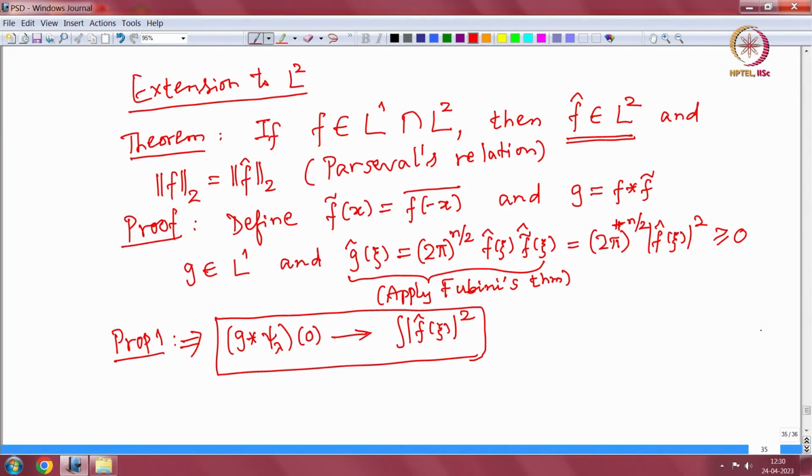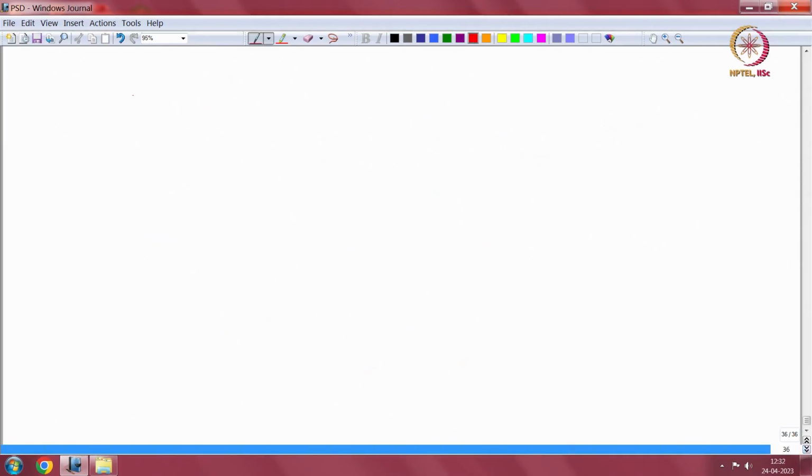We already know that g is in L1. Now g of x is the convolution of f and f tilde, so let me write that very definition.